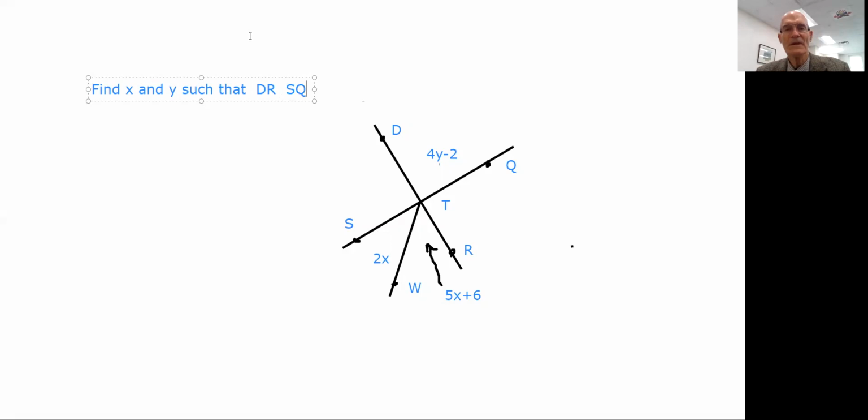Okay, so this is going to be segment DR, segment SQ, and they're perpendicular. So we've got to put our little perpendicular symbol right in here.